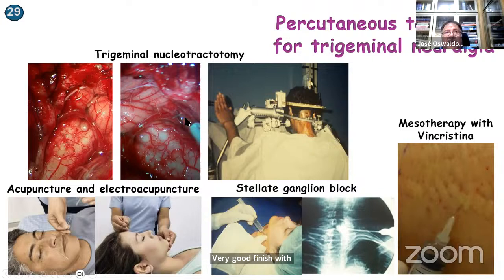But this kind of procedure has vascular complications, such as bleeding and vasospasm, that do not occur in the open procedure. So we don't do any percutaneous stereotactic trigeminal nucleotomy anymore.